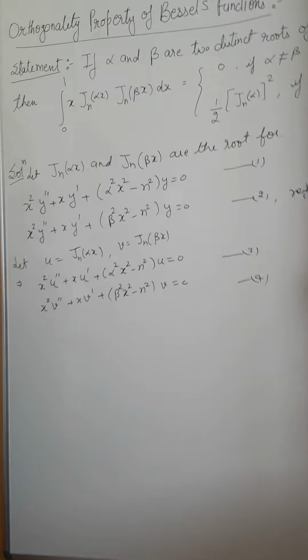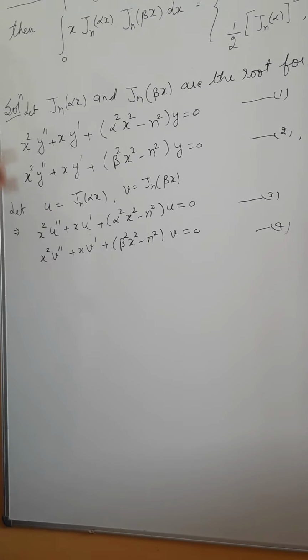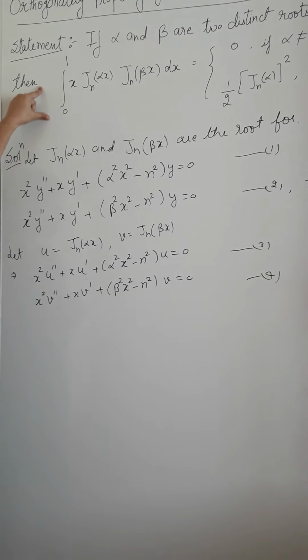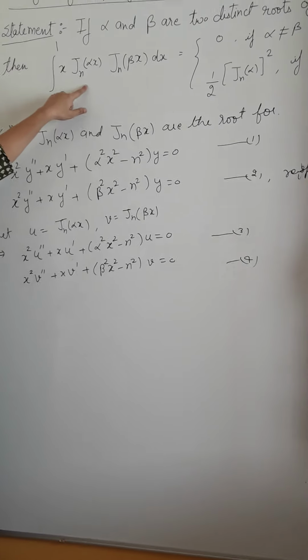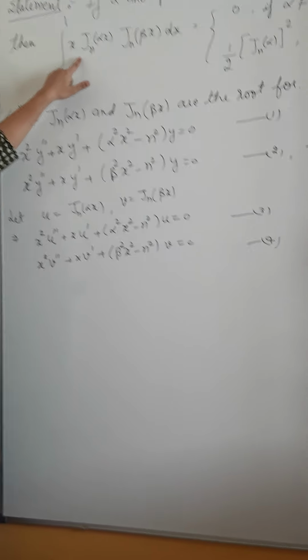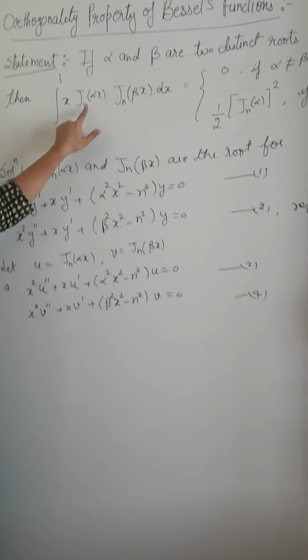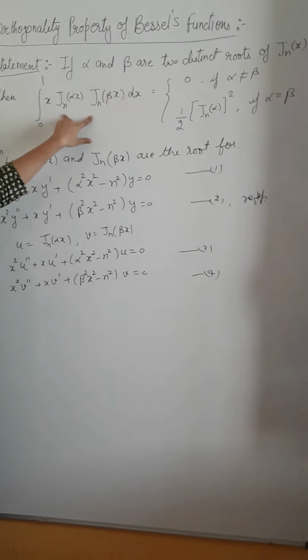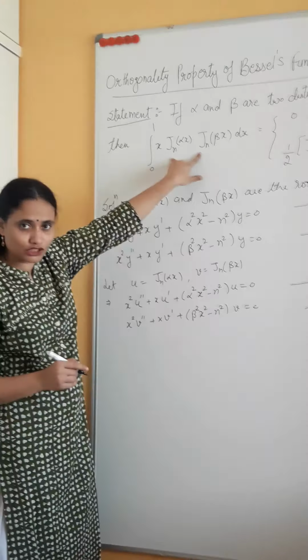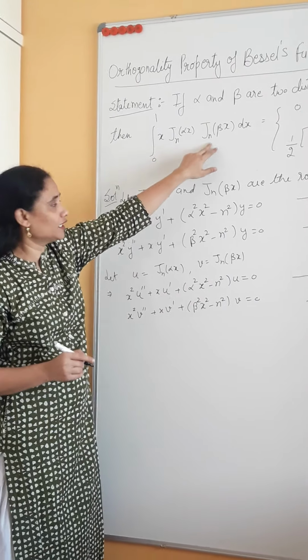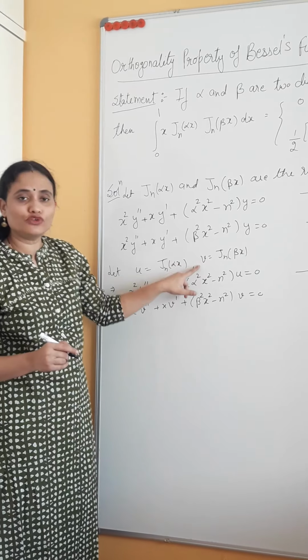Now we have got these two equations. We can take the reference from the property which we are going to prove to decide what to do next. We have to get the product of these two functions, Jn(alpha x) and Jn(beta x), that means the product of u and v.